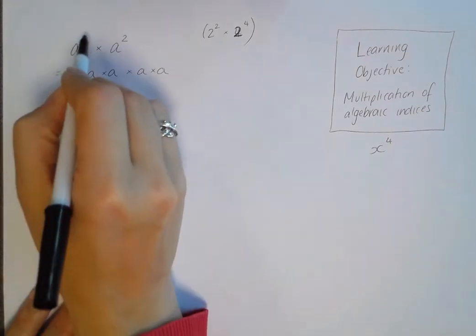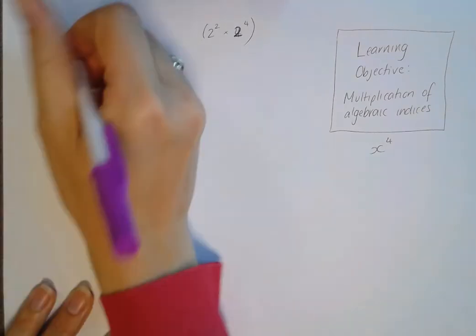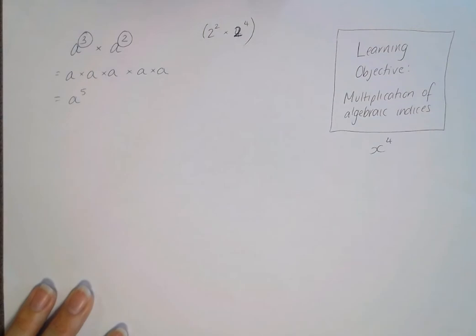If we have a look, we can start to see a pattern. We started off with 3 and 2, and you can see where we got that 5 from.